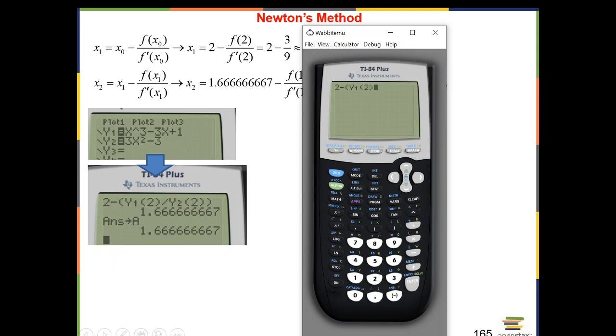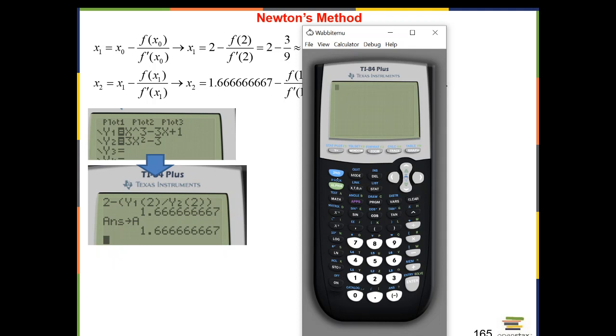And then divided by, again, y2 of 2. y2, again, we get it from the same place. So that's y2 of 2, right? And then close the parentheses there. And so that's right. Now, once we get this number, we're going to use all the decimal places. So we're going to store it.